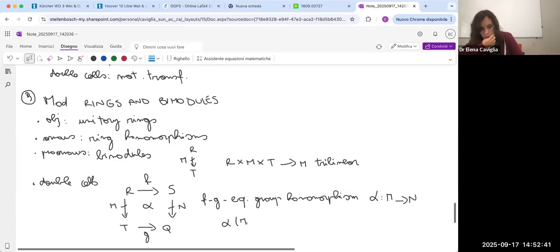I can now do alpha of R, M, T. This is an element of M because of the bimodule, the trilinear homomorphism that I have over M. So I can compute alpha of it, and I need to have that this is equal to F of R times alpha of M times G of T. That's it. So this is the condition.